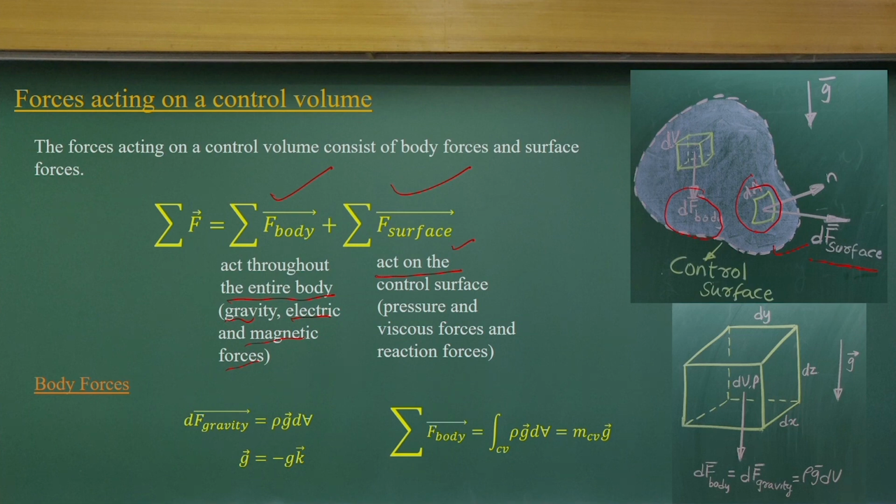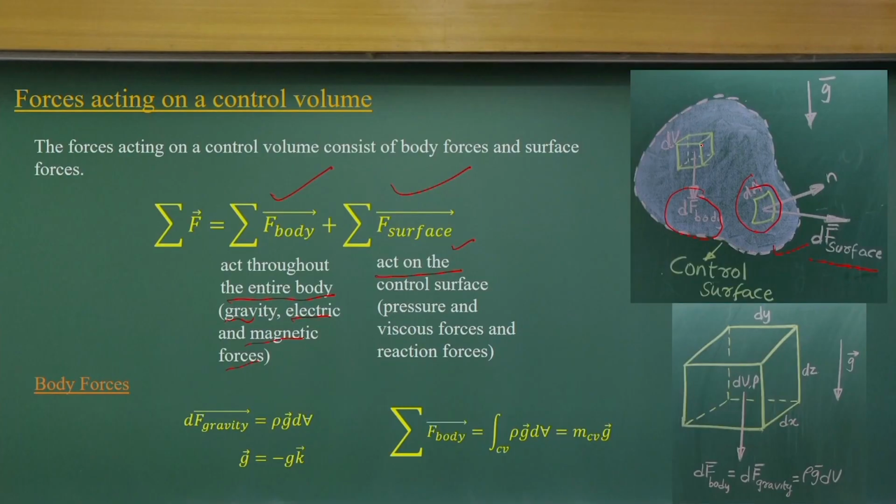If I take a small element dV, the weight of this small control volume will be rho g dV. Please look at the unit of each component. The mass will be rho into dV, where dV is the volume, and mass into g is the gravity force component.